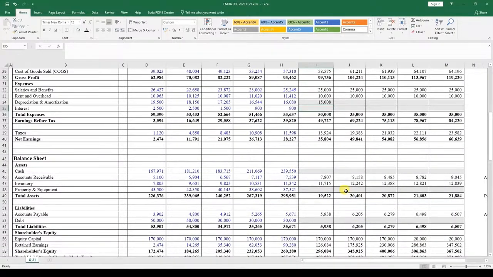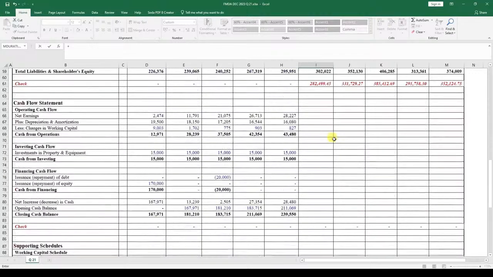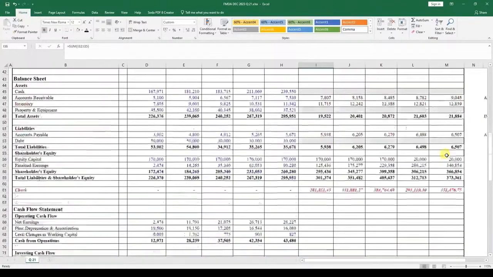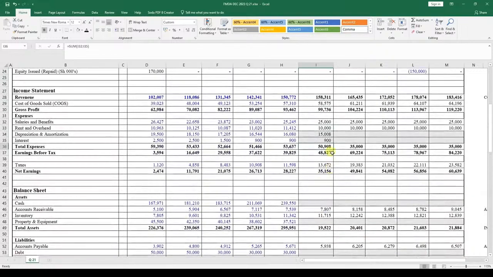The interest expense right here is linked to the supporting schedule here, enter. Then we can just drag it towards the right. And in a good accountant or analyst format, we just make sure that this part is the same color because we've already filled out the missing items and our income statement is complete.